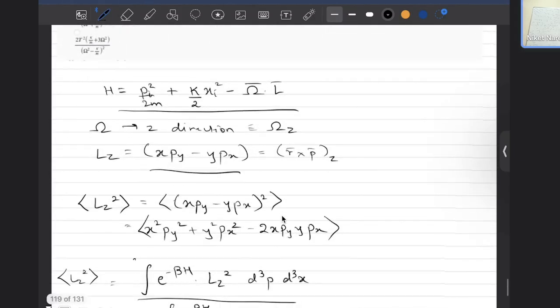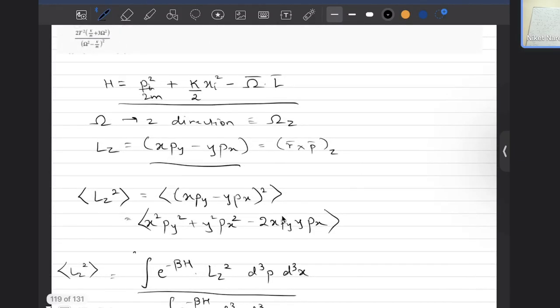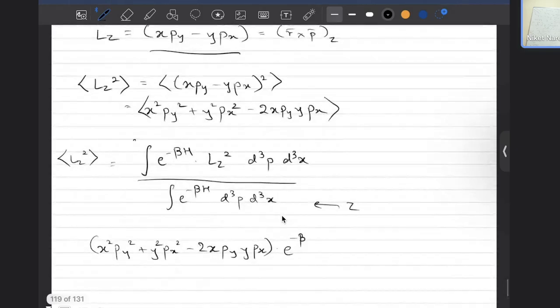That is, e to the minus beta p square by 2m, times e to the minus beta kappa by 2 x square, times e to the power beta omega times (x py minus y px).